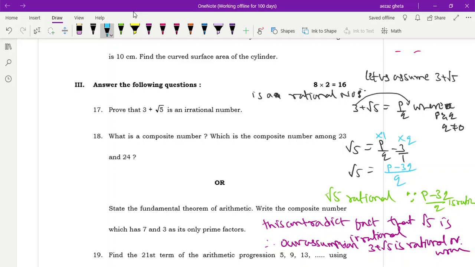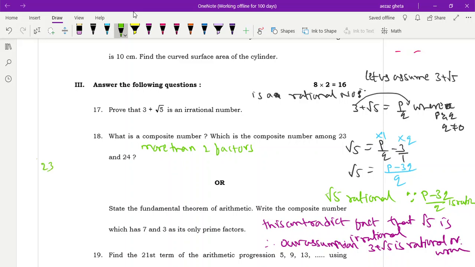The next question is, what is a composite number? A composite number is a number having more than 2 factors. Which is a composite number among 23 and 24?